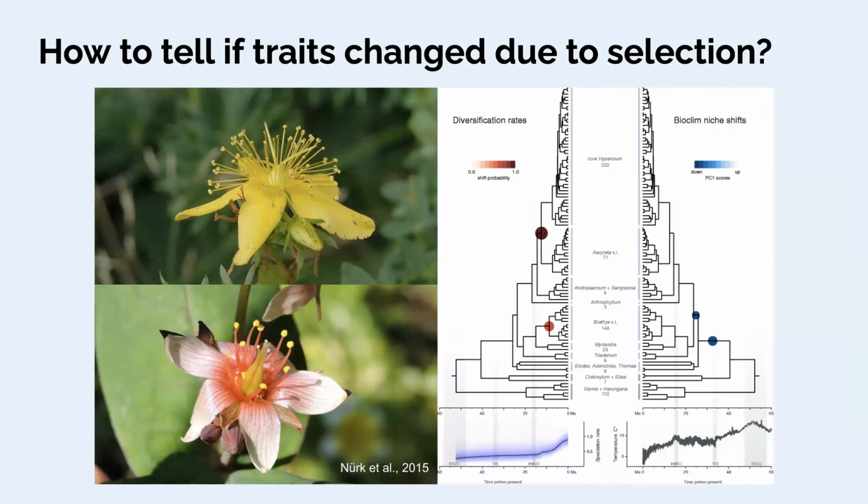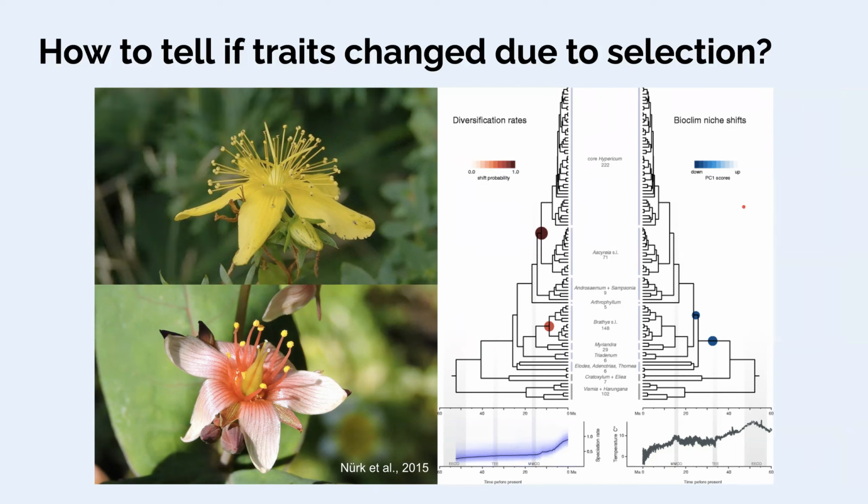Other things you can do, as we talked about previously in phylogenetics, you can estimate whether some morphological changes are associated with increased speciation. And that's sometimes an indication that a new feature evolved and was quite advantageous.